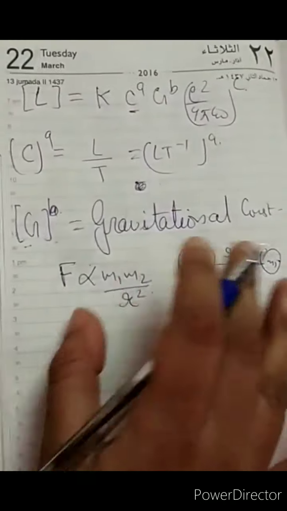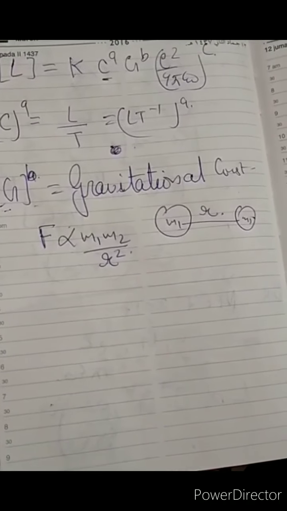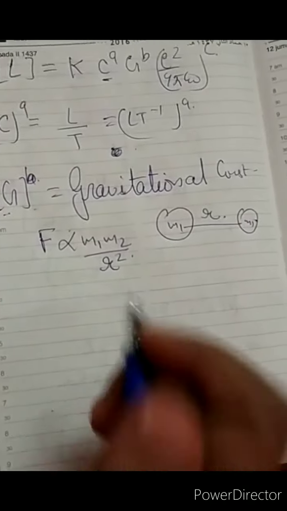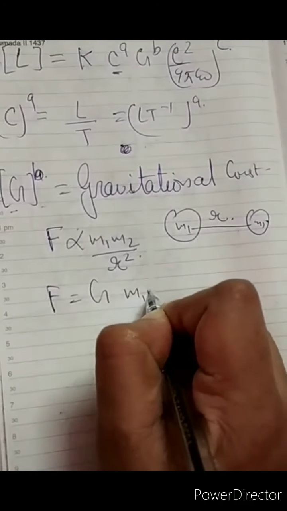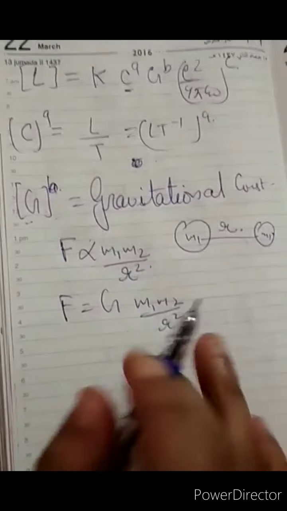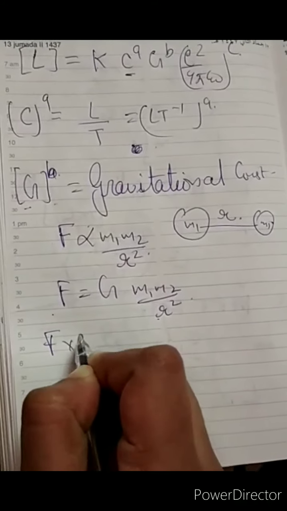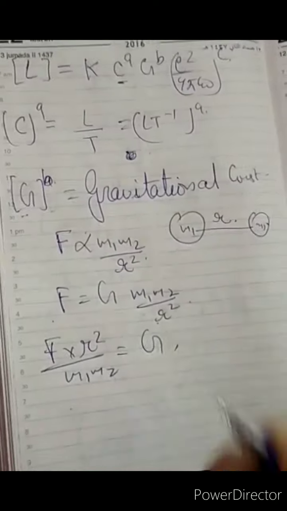This is Newton's law of gravitation; two masses always attract each other, right? And if you remove the proportionality sign, the constant will give you G. Now can I write F into R square upon m1 into m2 equals G?